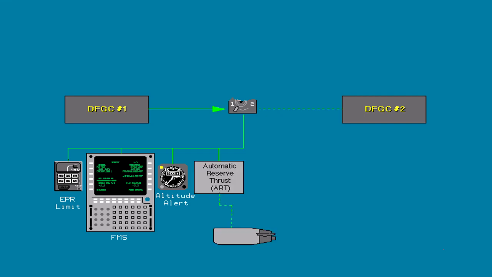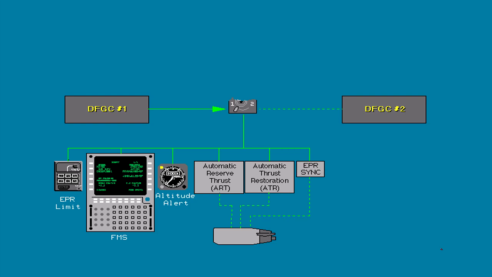To the Automatic Reserve Thrust, ART system, which provides maximum thrust in the event of an engine failure. To the Automatic Thrust Restoration System, ATR, that increases thrust under certain conditions in the event of an engine failure during takeoff.